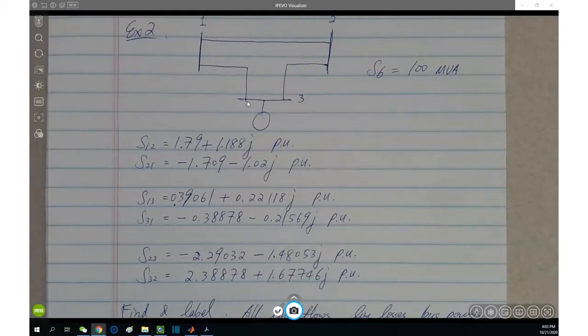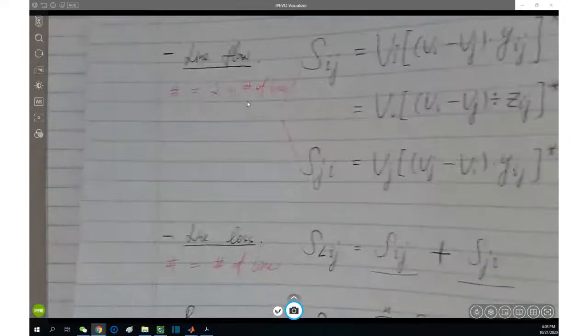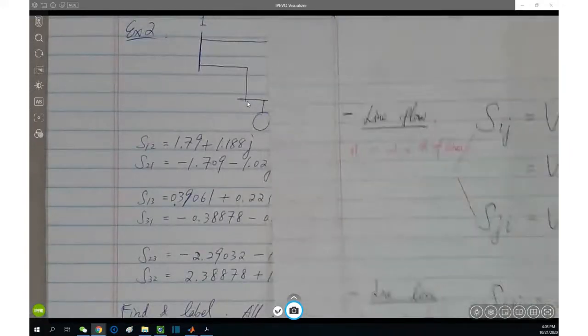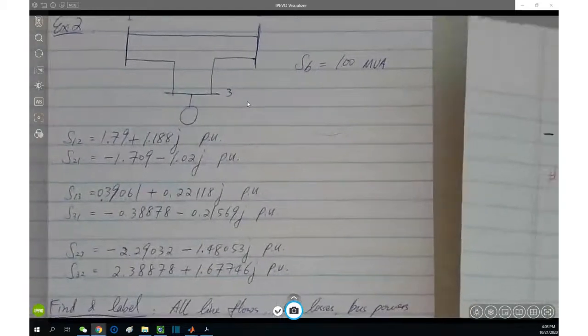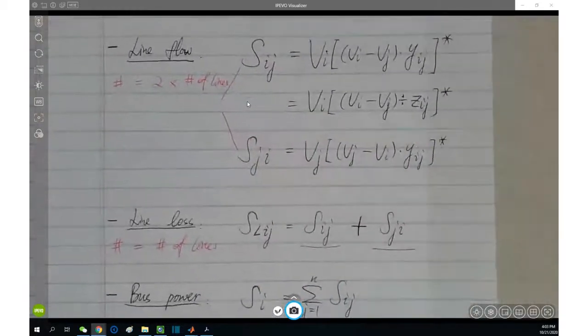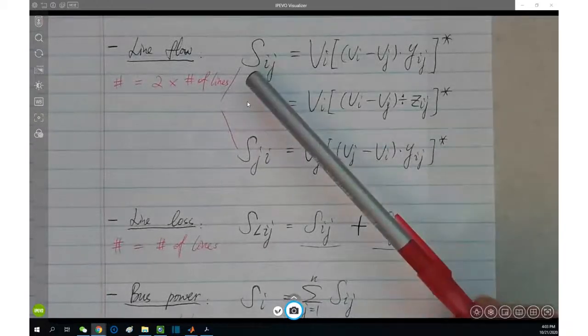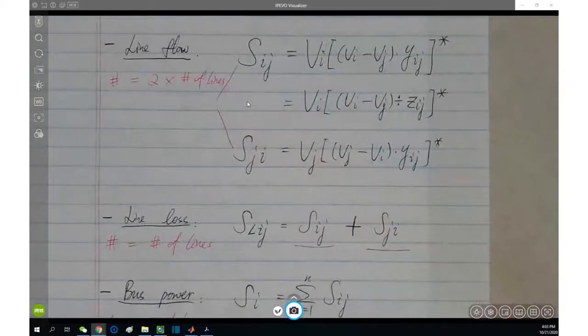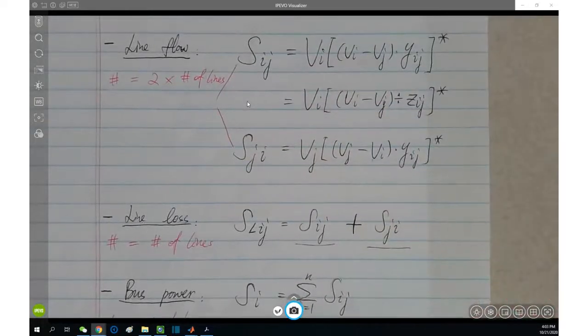For this power flow example 2, I'm also placing the formula here as a review. To calculate line flow, you need to calculate the power for each line, and it equals the voltage times the current conjugate. Very straightforward.